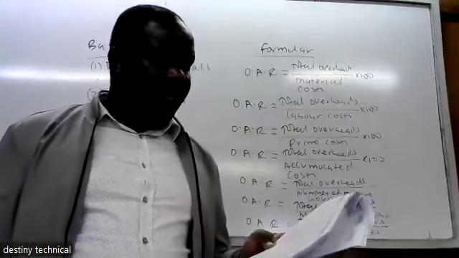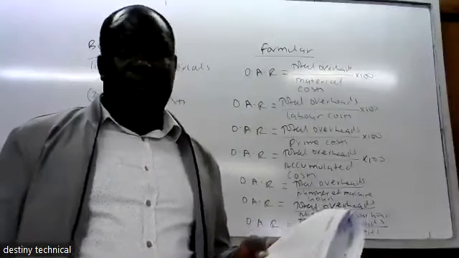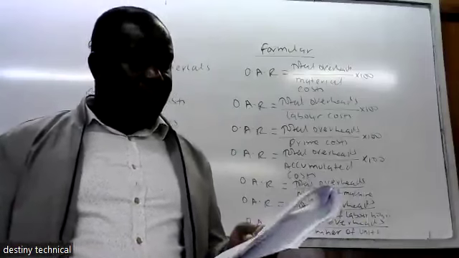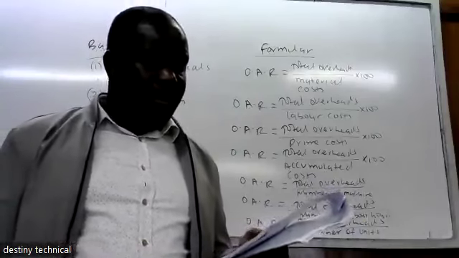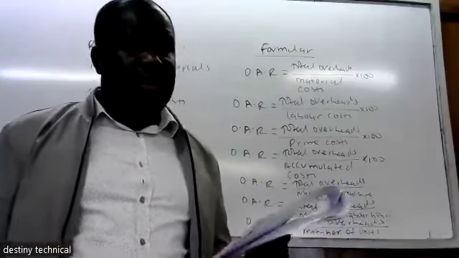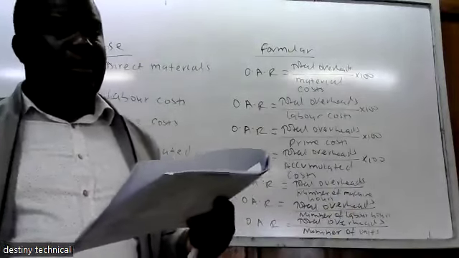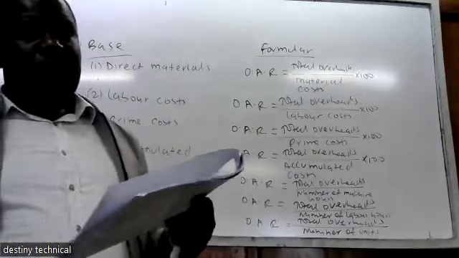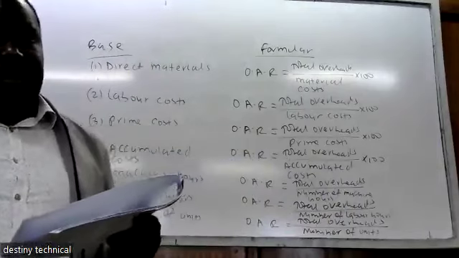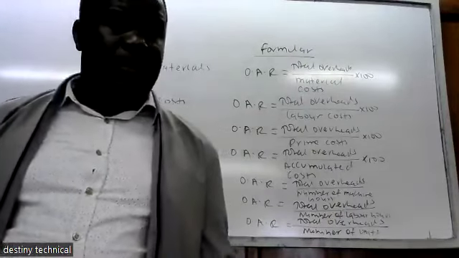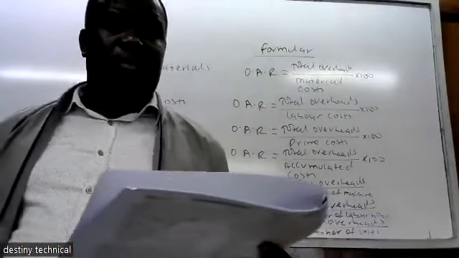So budgeted overhead costs for the year ending 30th April 2020 are as follows. So they gave you rent and rates. When you want to apportion rent and rates, from the information I've given you up there, we use the area occupied.